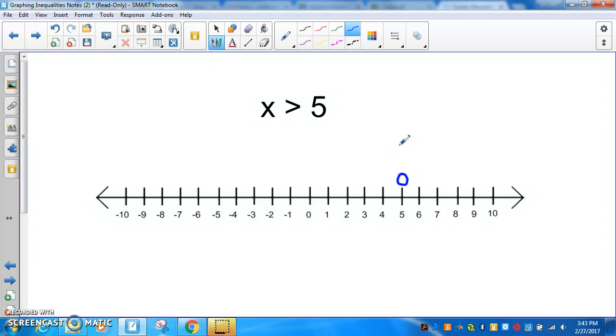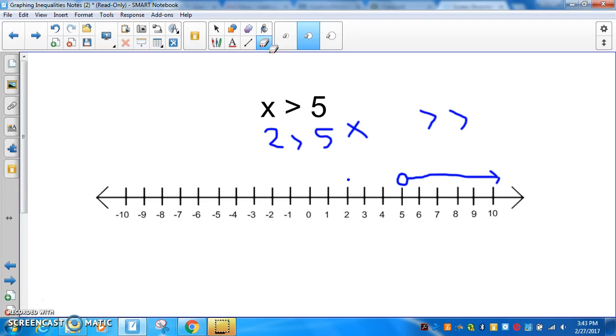Anyways, you know from here how to figure out how to draw your arrow, and that's to plug in a number. For example, if I pick 2, 2 is over here, right? If you think about it, 2 greater than 5, that is not true. And what that tells me, since that's not true, is to draw my arrow the other direction. Similarly, if I'd picked a number over here, like 7, plug it in for x.